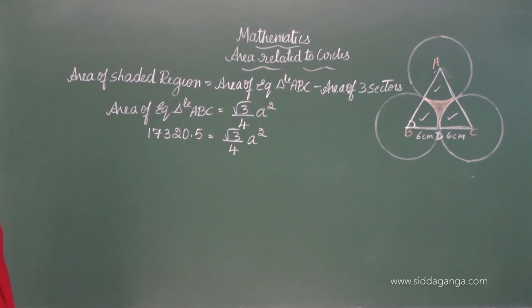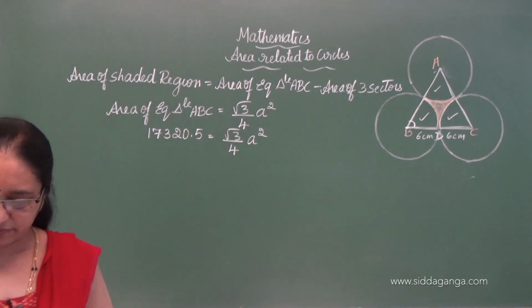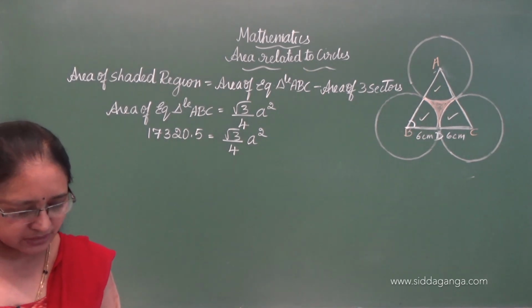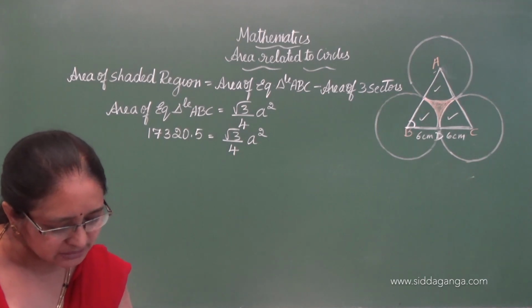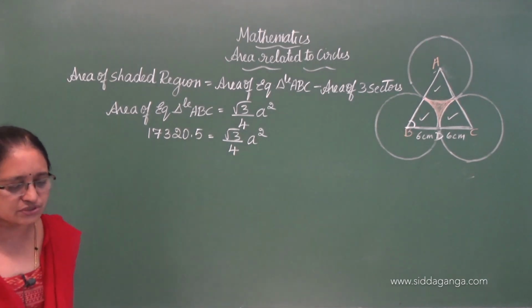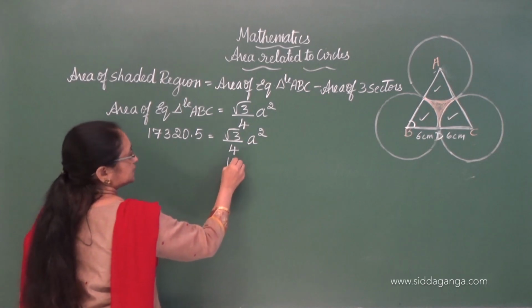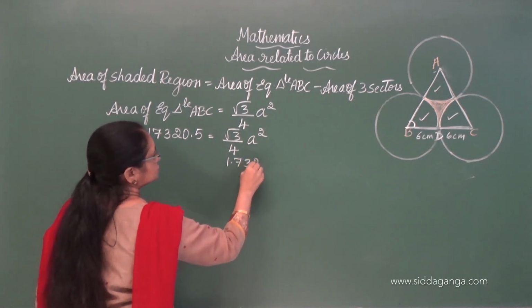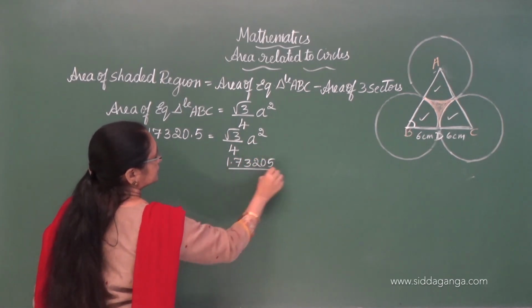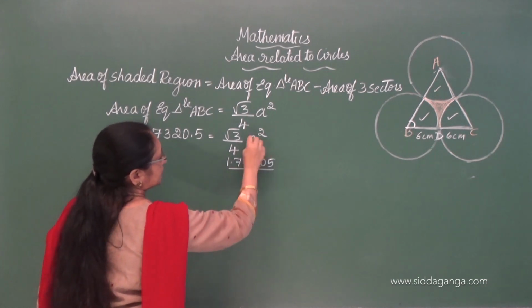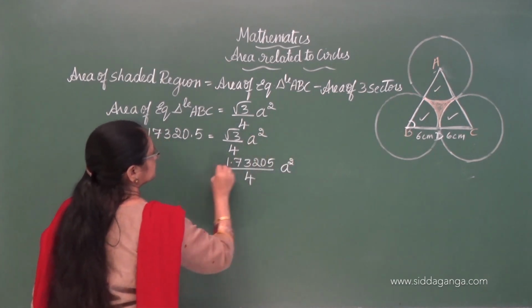Okay, root 3, they have given the value there, that is 1.73205 divided by 4 and A square will be there.